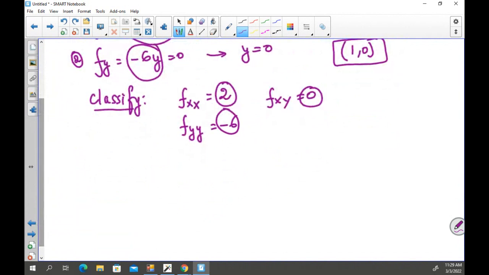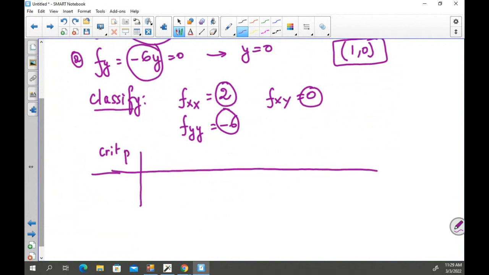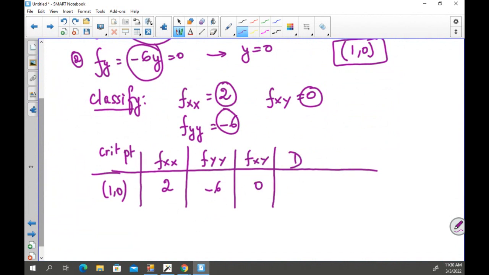After that, it's just a matter of that small table. The critical point is (1, 0), fxx is 2, fyy is minus 6, fxy is 0. So the D, remember D, how do you get D?